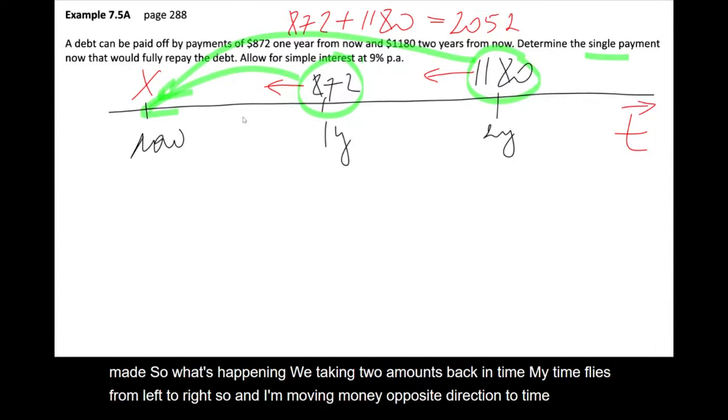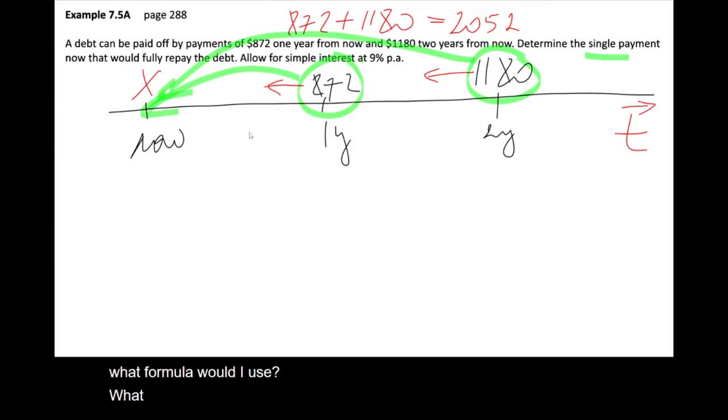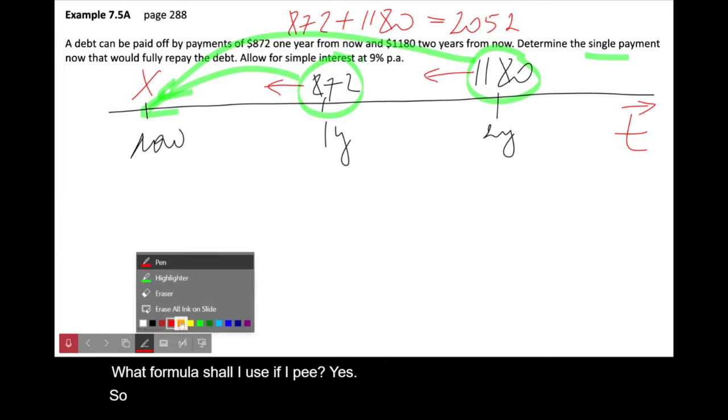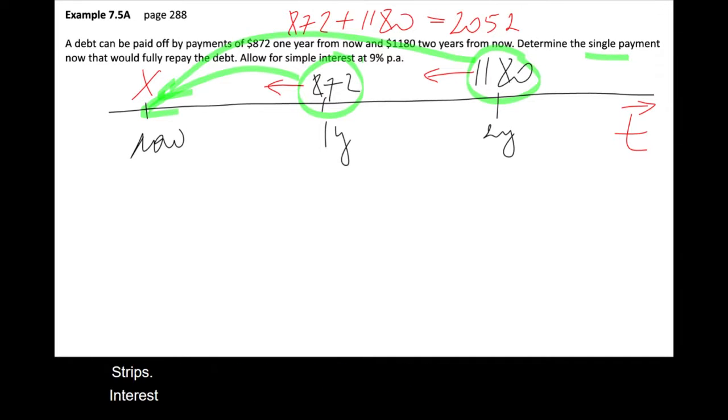So what formula would I use? The P one? Yes. So what does present value do? Present value strips interest from an amount of money.